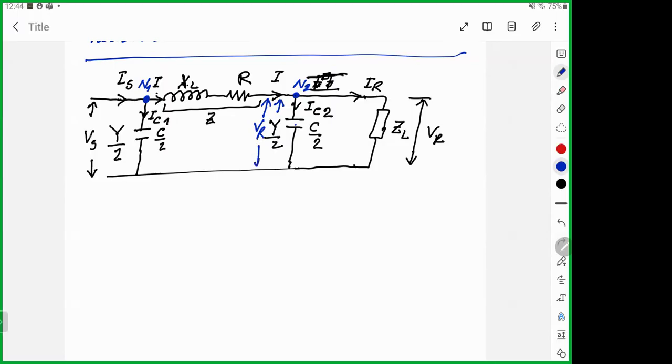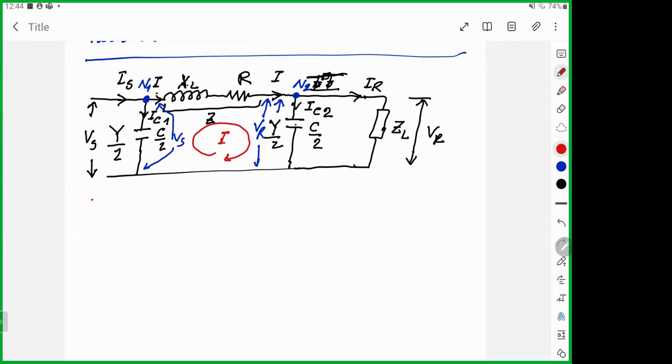And similarly VS, because this is parallel to this one, so this voltage is VS between these two terminals. So I have only one loop in this case, and with this loop I can identify my voltage relation.